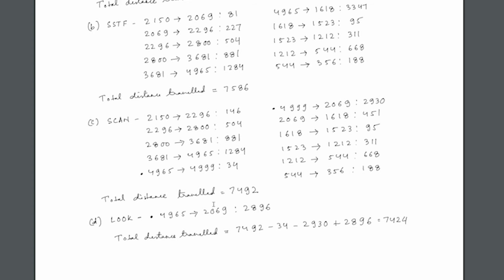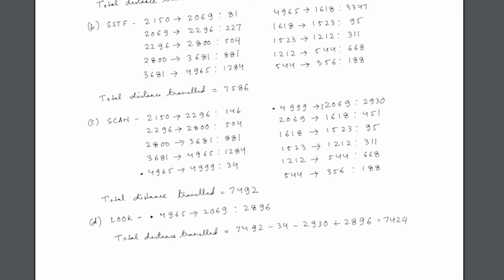So from this number, 7492, I'm going to remove the part where the disk goes from 4965 to 4999. I'm also going to remove the part where it goes from 4999 to 2069. And I'm just going to add the part where it goes directly from 4965 to 2069. So this 4999 stop is removed.